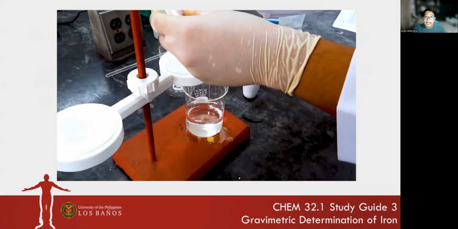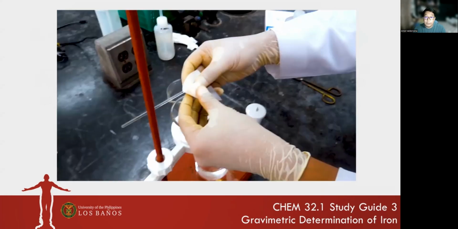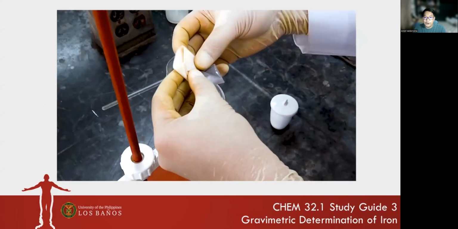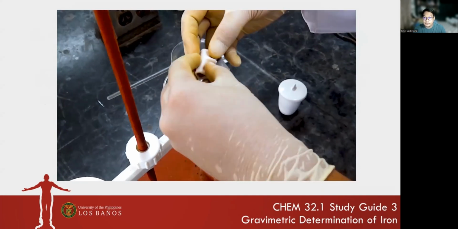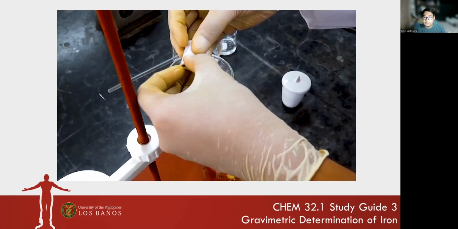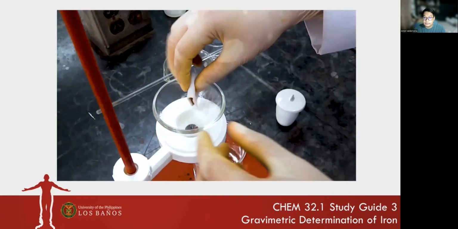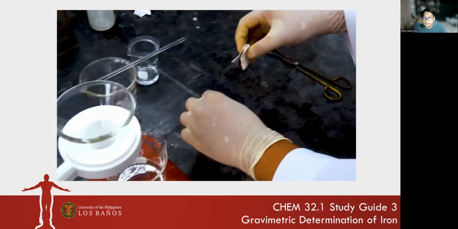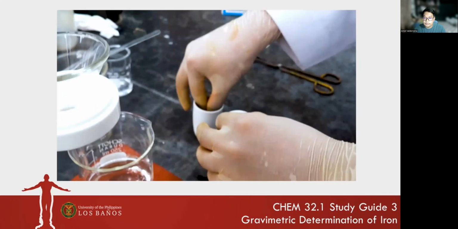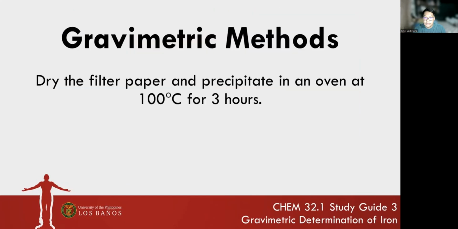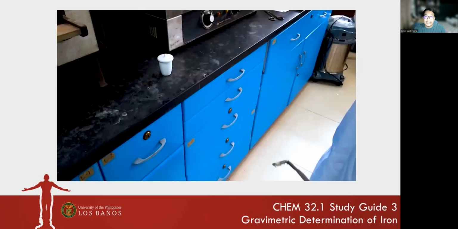So dito, i-fold natin yung ating filter paper with precipitate as we put it in our crucible. And then we will dry it in an oven at 100 degrees Celsius for 3 hours.